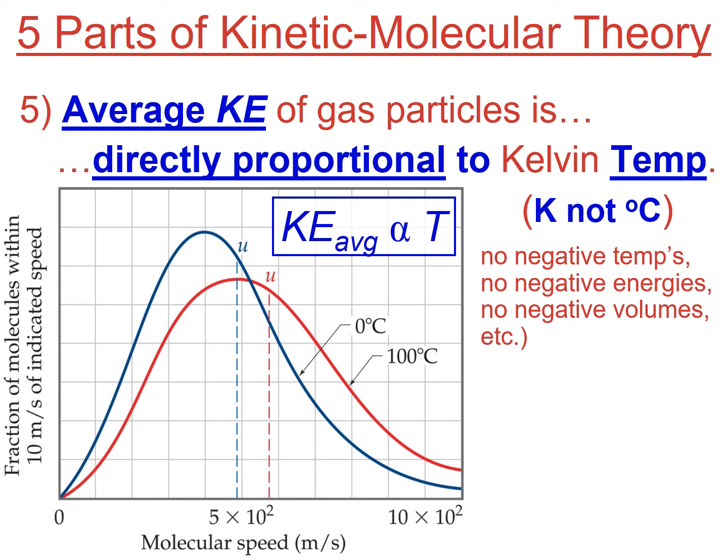For us, 0 Celsius is a lower value, where 100 Celsius is higher.